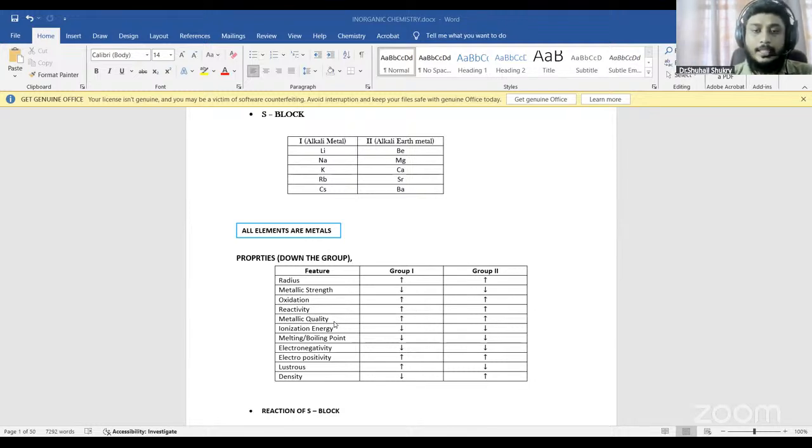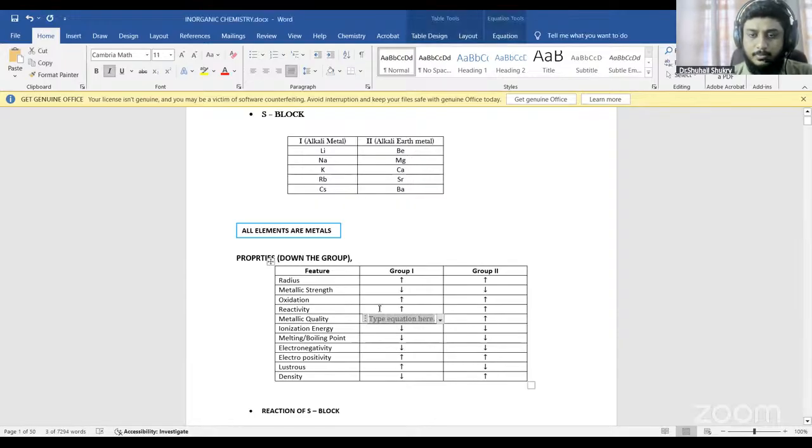Then metallic character. Actually, it's supposed to be decreasing, right?